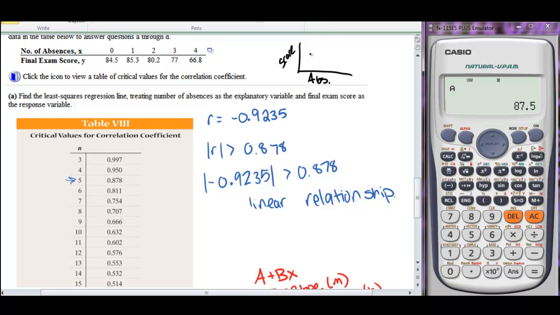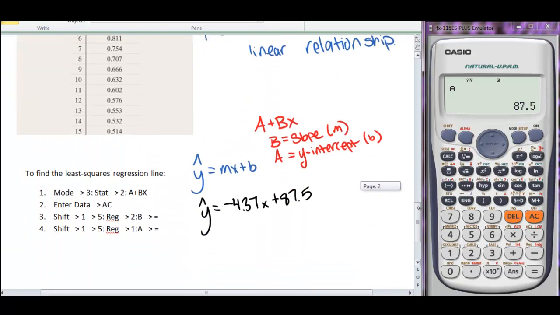So the slope is the rise over run, or the score per absences. So having negative 4.37 means that we expect somebody's score to decrease by 4.37 points for every absence that they have.